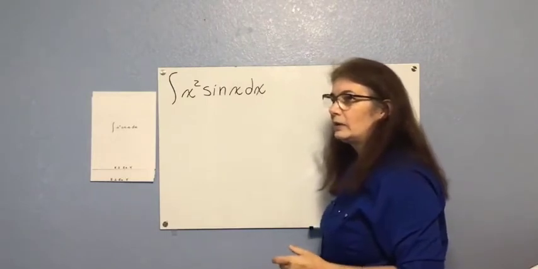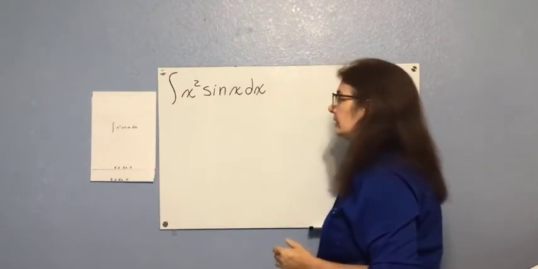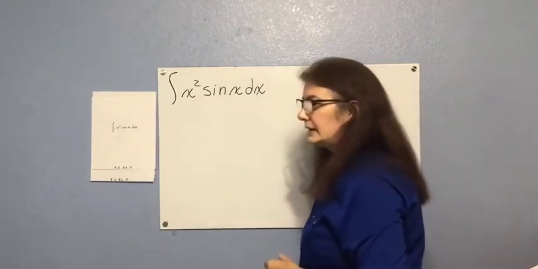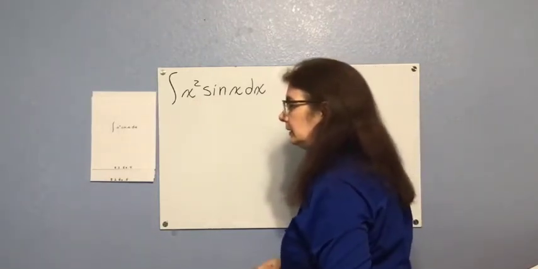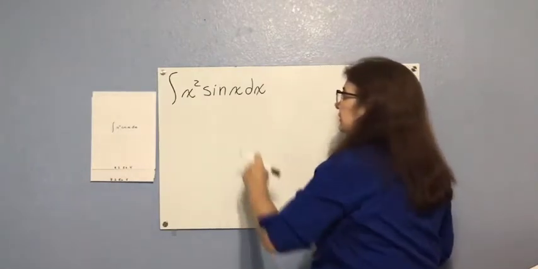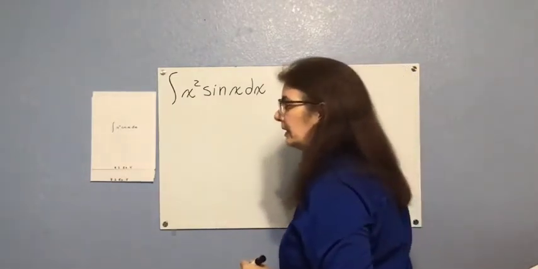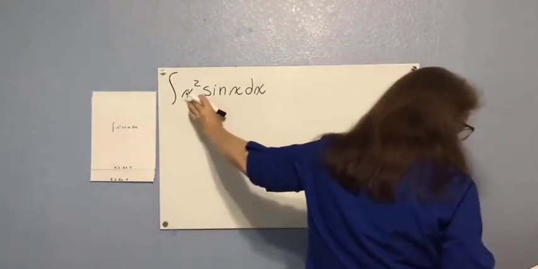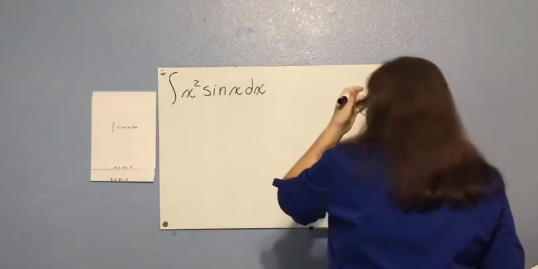I wouldn't say that one is any easier than the other, but the derivative of x squared is simpler than x squared. The derivative of sine x is about the same complexity, so we're going to use this x squared as u.